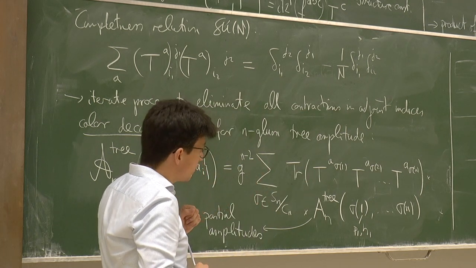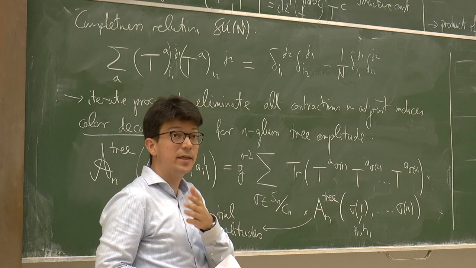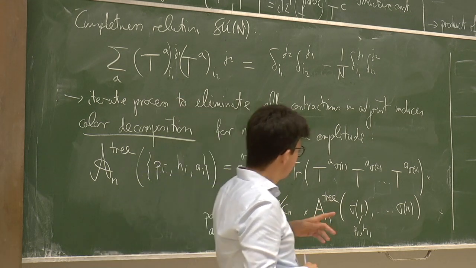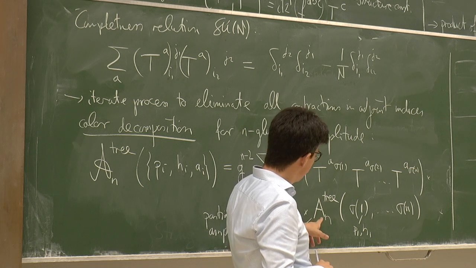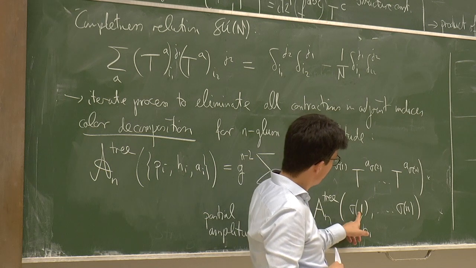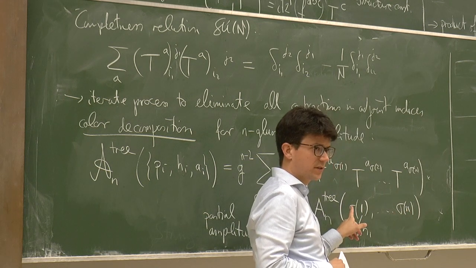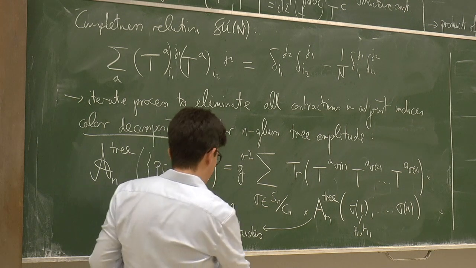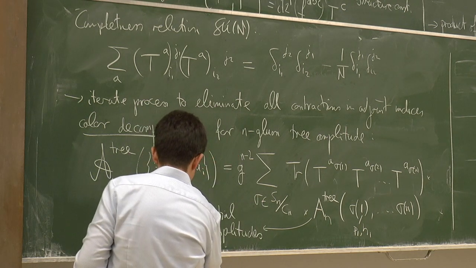Now, there's a second very important point, which was actually subject to a question earlier. In this partial amplitude here, we have a particular ordering of the gluons, and for this reason, these partial amplitudes are also sometimes called color ordered.